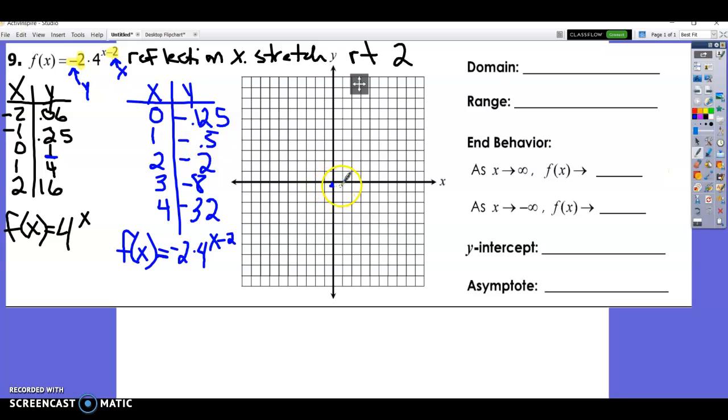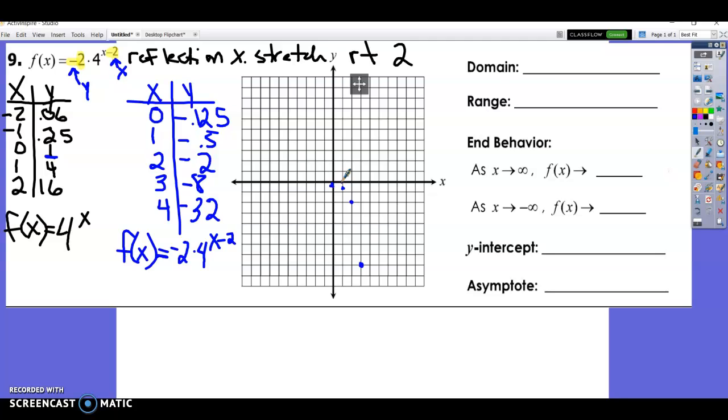And then 1 and down a half, and then 2 and negative 2, and 3, negative 8, and then the 4 and 32 is not actually going to be on here because my graph paper doesn't go down that far, which is okay.